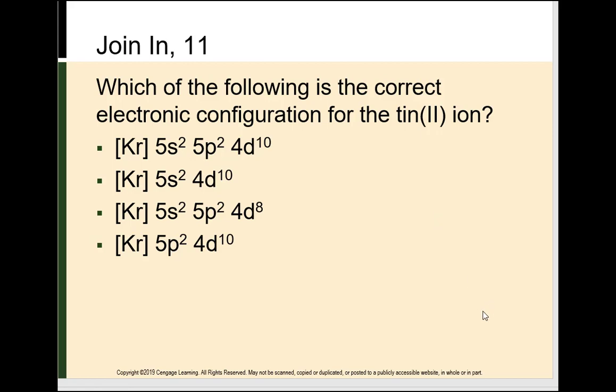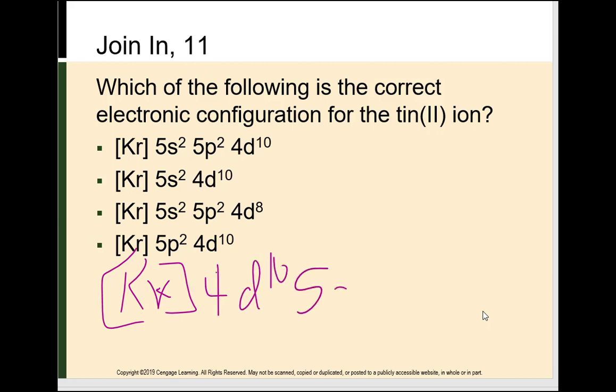Now if we look at tin, it's got krypton as the noble gas before it, and then we have 5s2, 4d10, so I'm going to write 4d10, 5s2, and then 5p2.